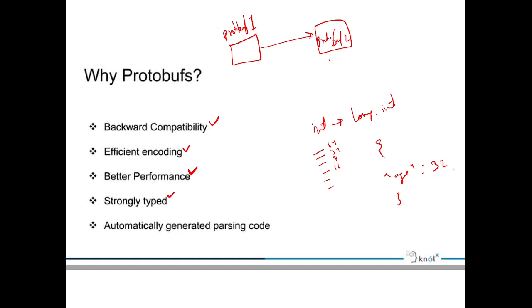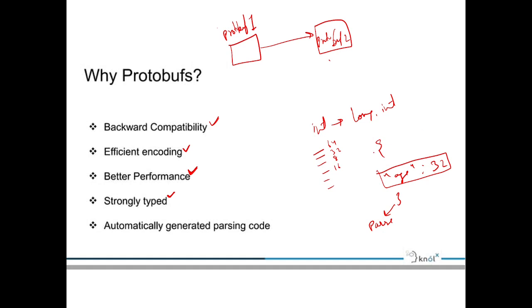If I want to read this, then I have to perform parsing. I have to parse the complete JSON file, and then fetch this value. After performing the parsing, I am able to fetch this 32. But these things I have to do.